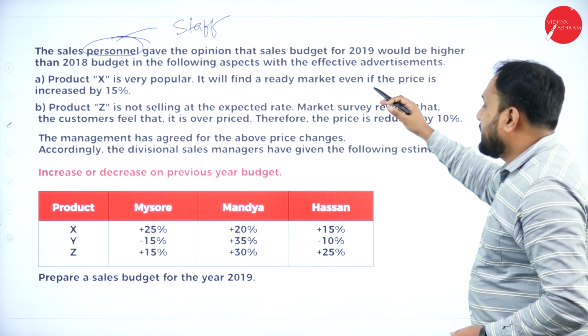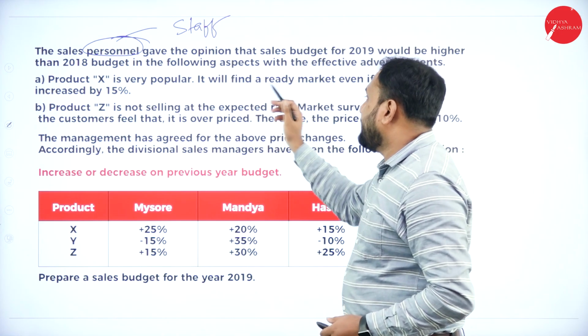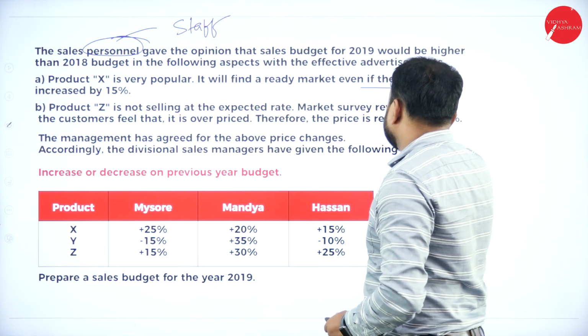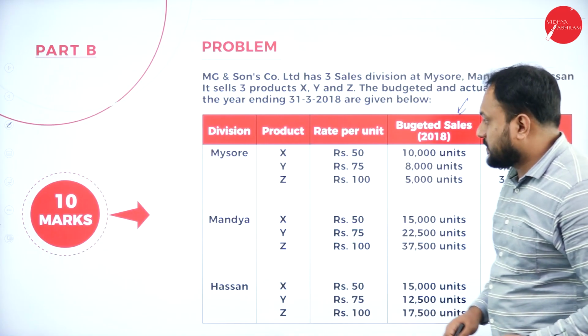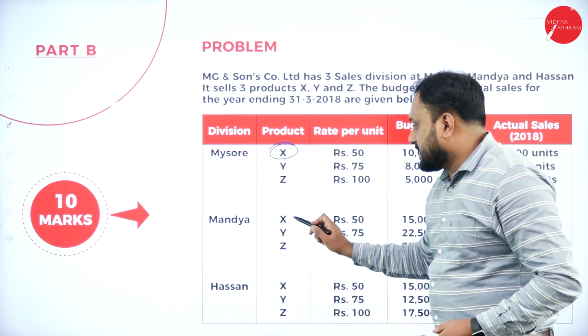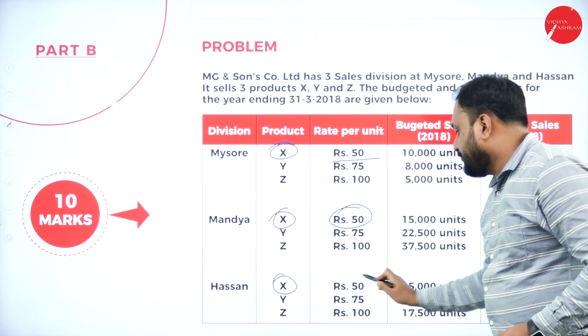From the following aspect, effective advertisement: product X is very popular. It will find a ready market even if the price is increased by 15%. See, the price of product X is 50 rupees, 50 rupees, 50 rupees.